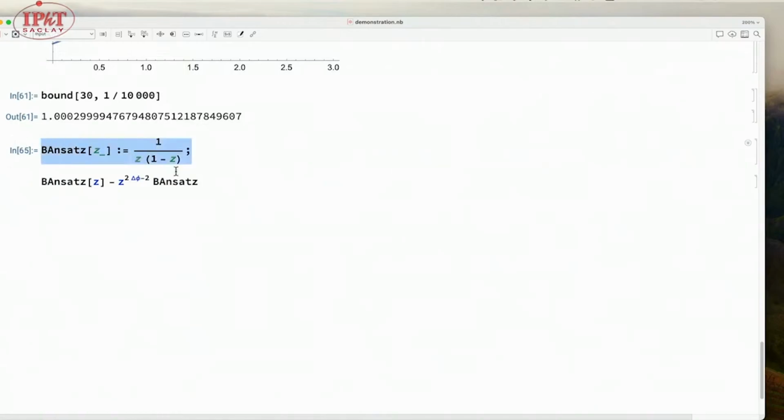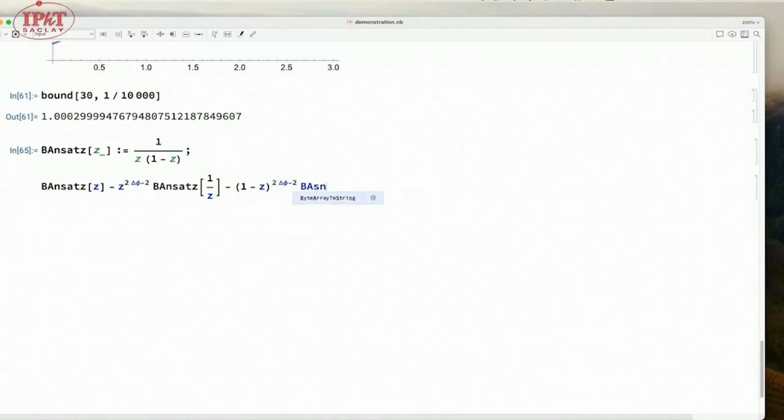This is the simplest function that you can write down that satisfies the right decay and that has natural poles. Delta phi minus 2 B ansatz. So the only points where something can happen here are 0, 1, and infinity.